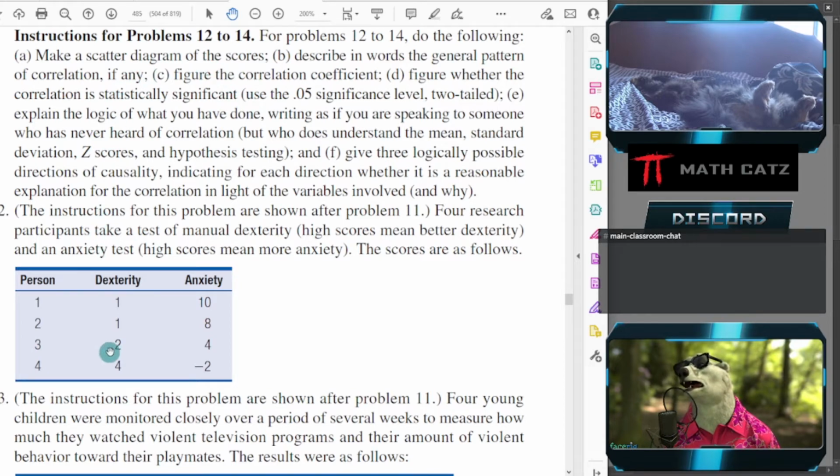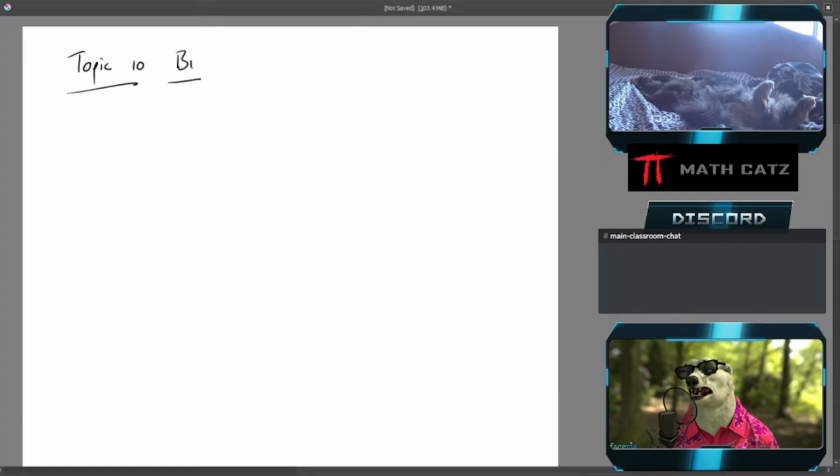Let's just write down our information and slowly work our way through the typical question. So in number 12, we are investigating a possible correlation between dexterity and anxiety for just a few people, 1, 2, 3, 4 people. In this case, I'm going to let dexterity be my X variable.